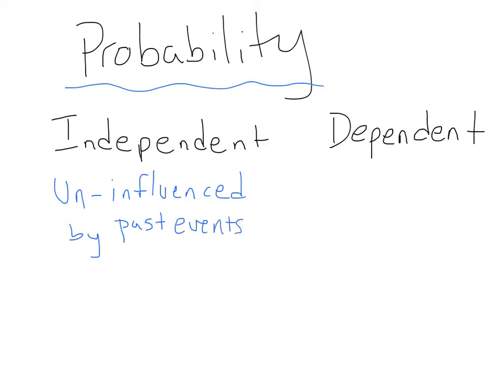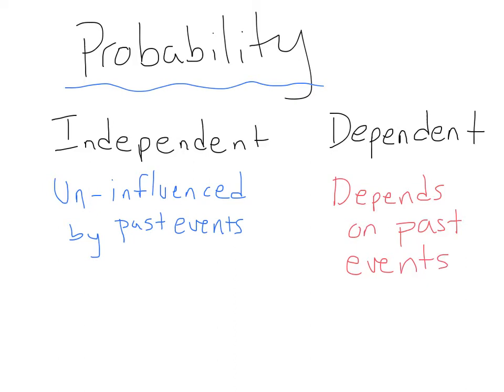Whereas dependent probability depends on past events, a good way to remember that. So what happens previously could affect dependent probability.